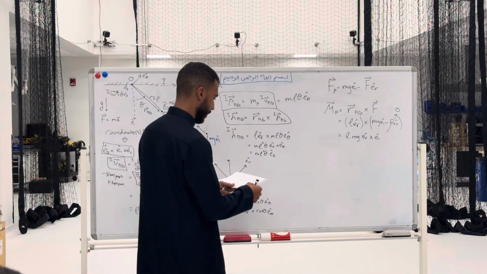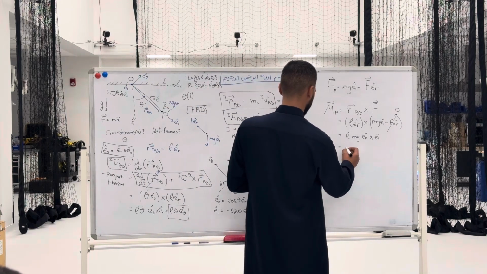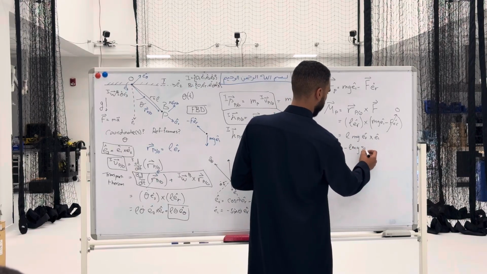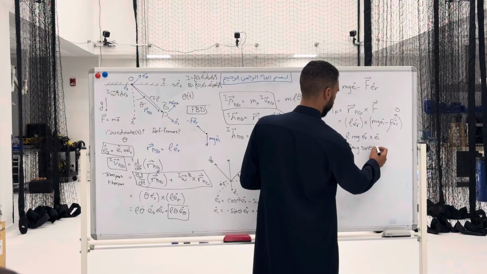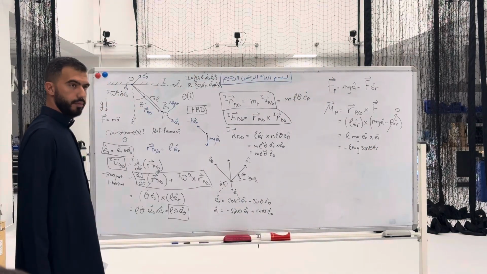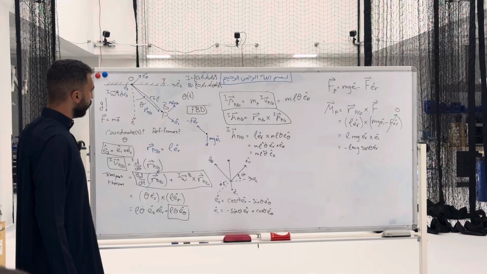Okay. So now we can do the cross product here. So we have a negative sine theta. Can I interrupt you? The diagram that you have, the sine here is different from the one that you have. The theta is between E1 and ER.